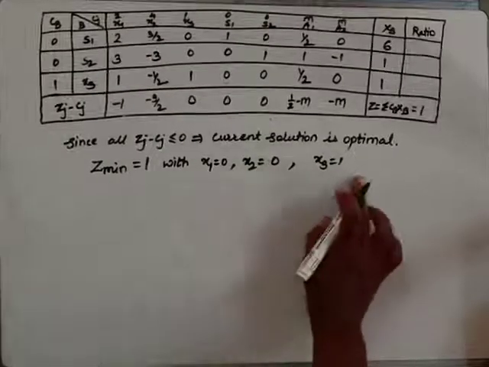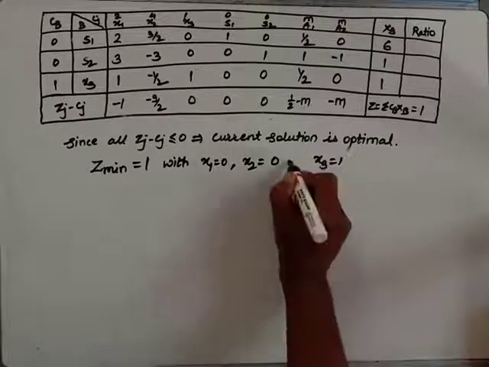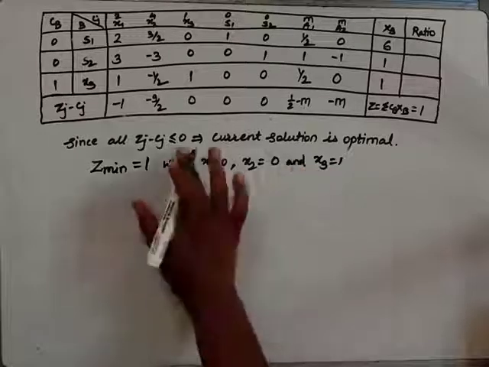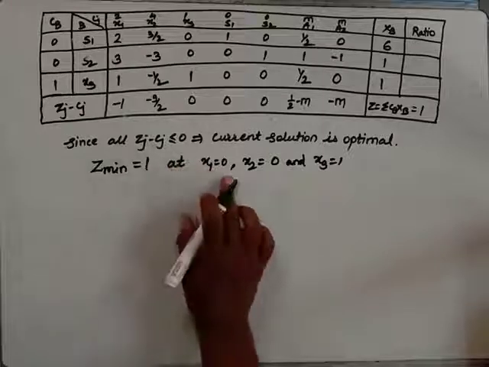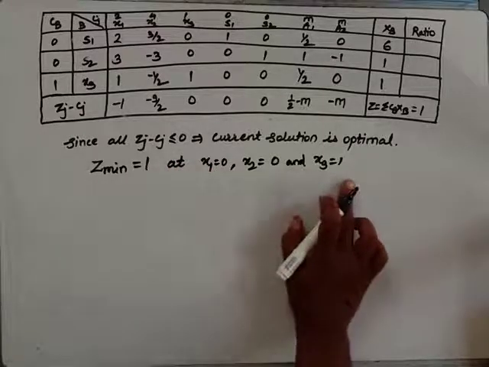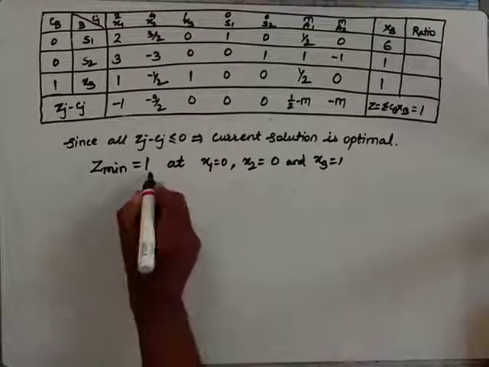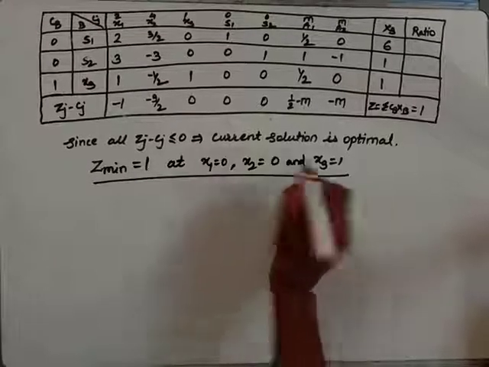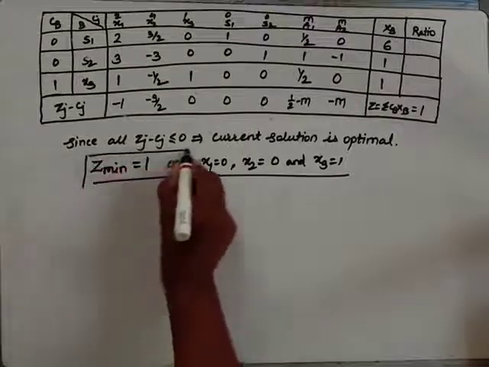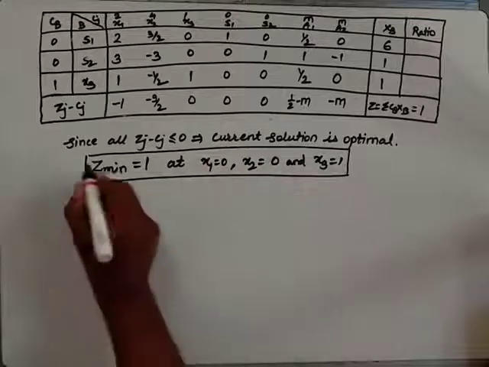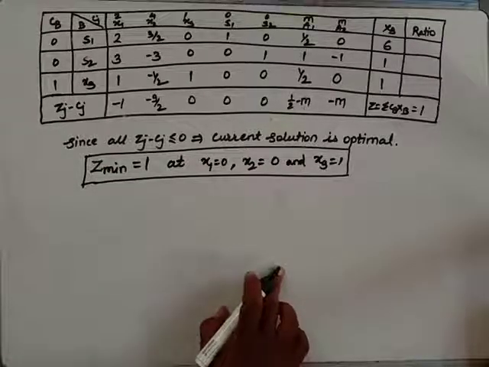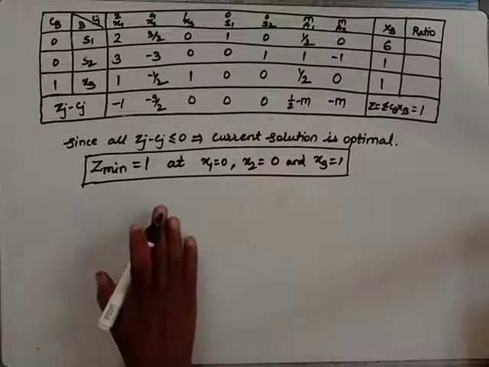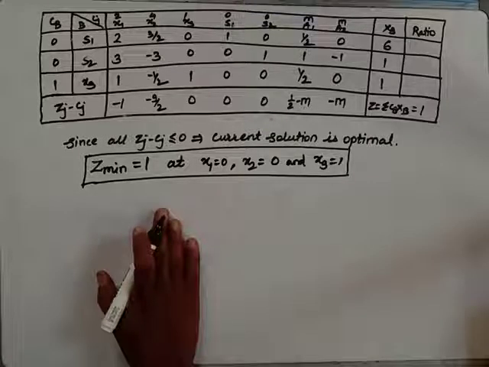And X3 is equal to 1. So at X1 0, X2 0 and X3 equal to 1, Z minimum is equal to 1. So using this, no need to use the relation of maximize of Z0 equal to minus minimize of Z. Here directly we get the optimal solution.